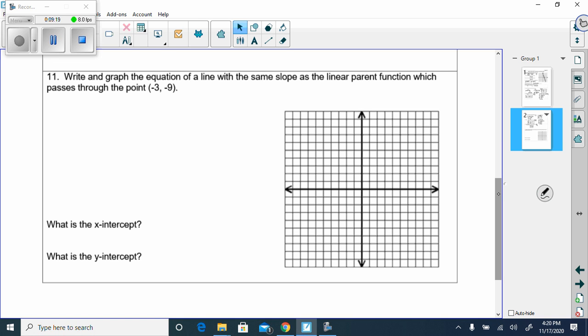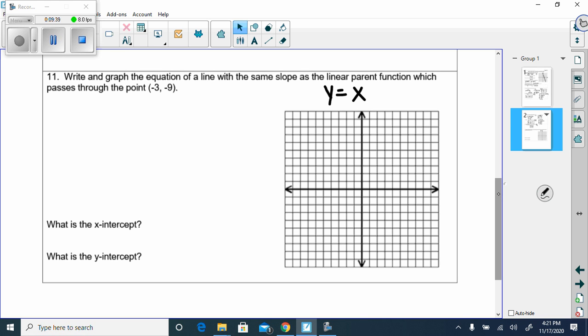Okay, number 11 says write and graph the equation of the line with the same slope as the linear parent function. So the parent function is the one with no changes made to it. So that would be y equals x. It doesn't have a slope that's larger or smaller than 1.